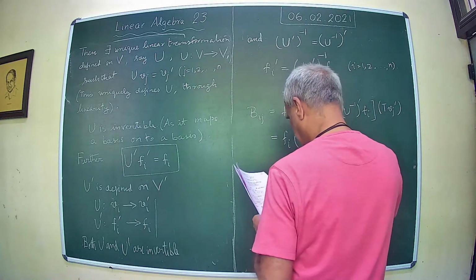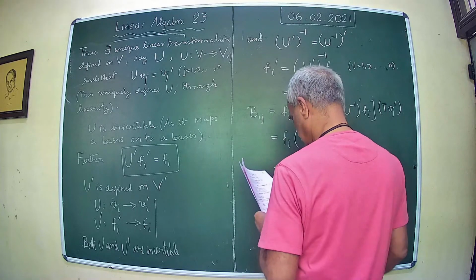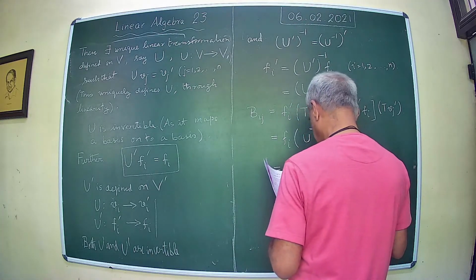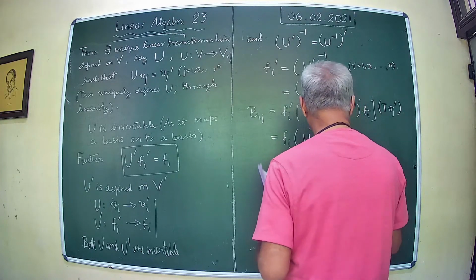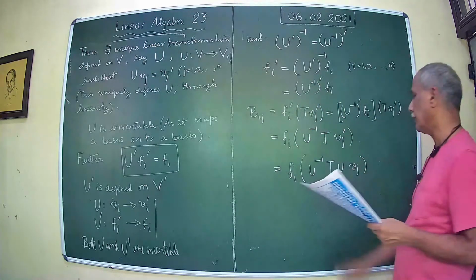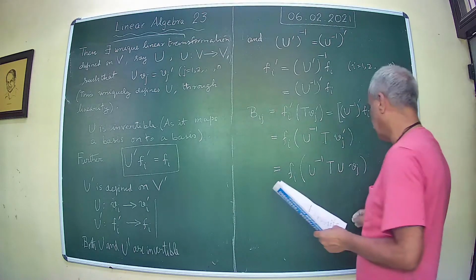So see, I can write this as U inverse T U of Vj. So Vj prime will change. Okay, so this is what I get.